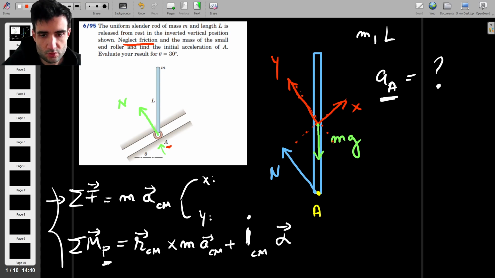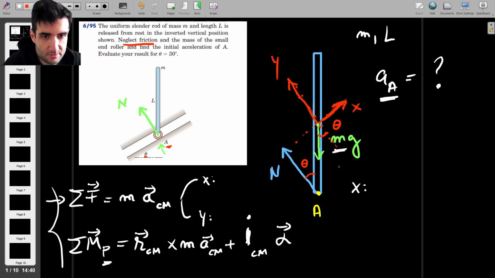So let's look at the forces in the x direction first. In this x direction, not in the horizontal direction, we only have one force which is acting, and that is the x component of mg, right? So here's what we have. This angle is theta, which means this angle here is also theta, which means that this angle here is also theta.